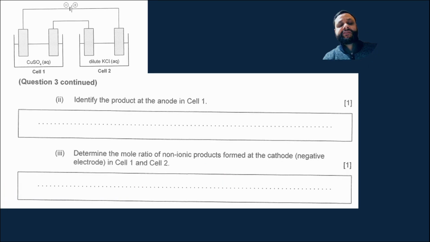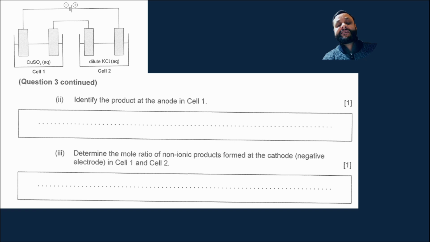Question 3 continued. Identify the product at the anode in cell 1. So in cell 1 we have copper sulfate aqueous, so we have copper ions and sulfate ions in addition to water. Both water and sulfate ions will go to the anode, and it is the water that will get oxidized.